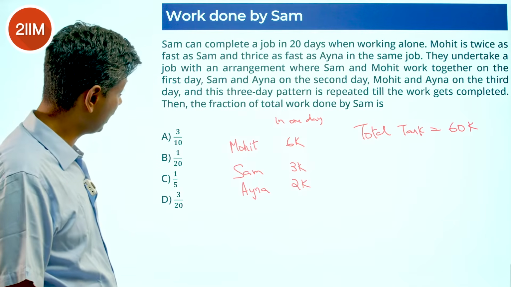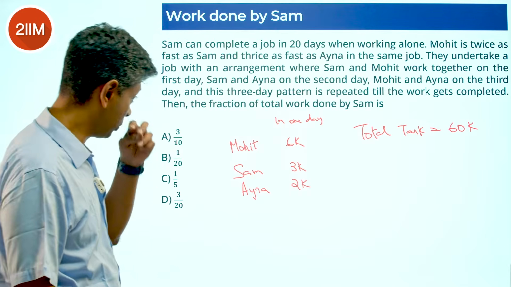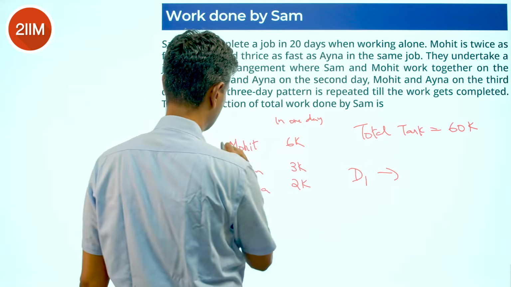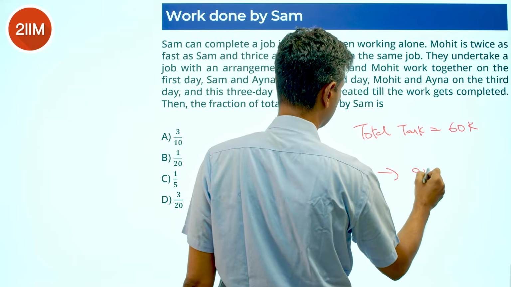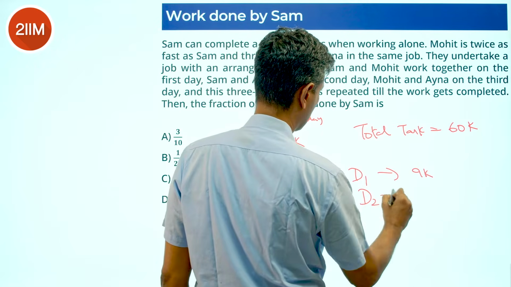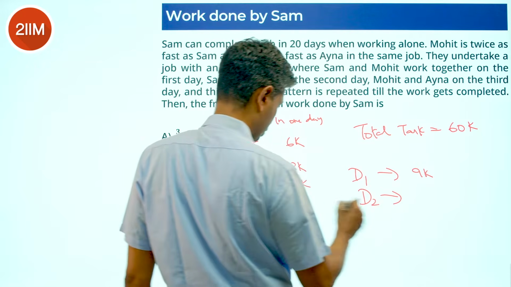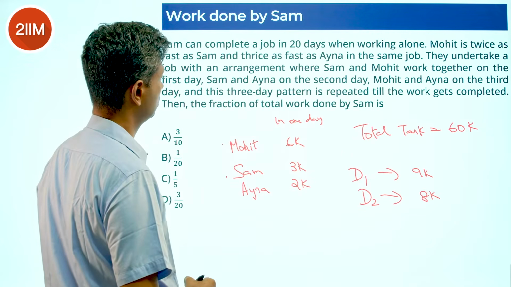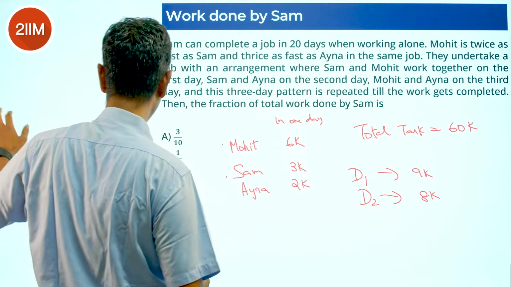They undertake a job with an arrangement where Sam and Mohit work together on day 1. Day 1 is Sam and Mohit, that is 9k. And on the second day, Sam and Aina work together.